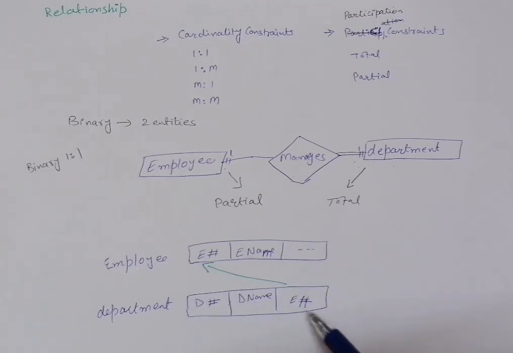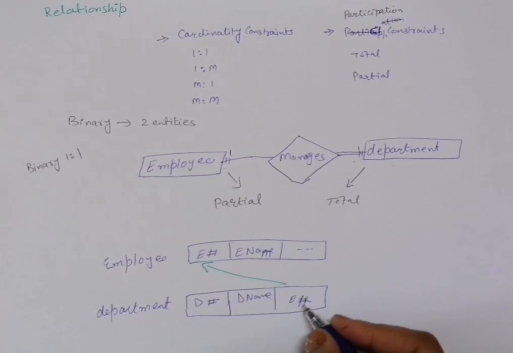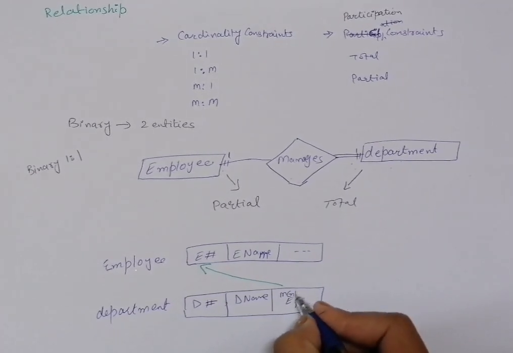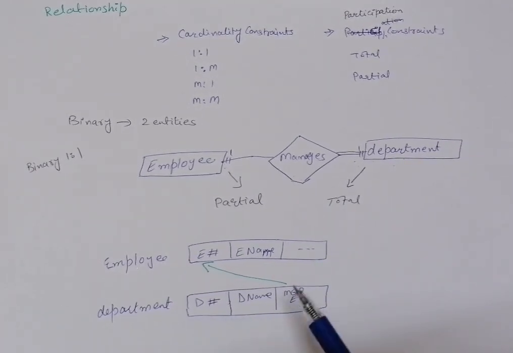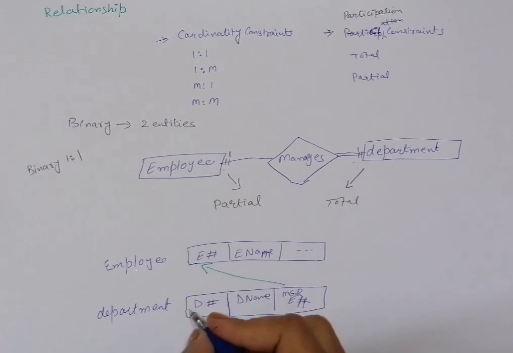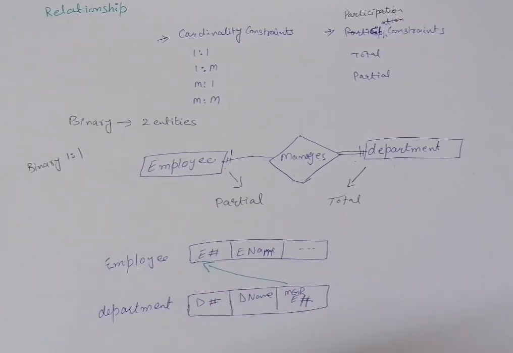So if I add the employee number, which represents the manager of this department, we save lots of space, as we only add the manager detail to this department table, not to the other table, which may consume more and more space.